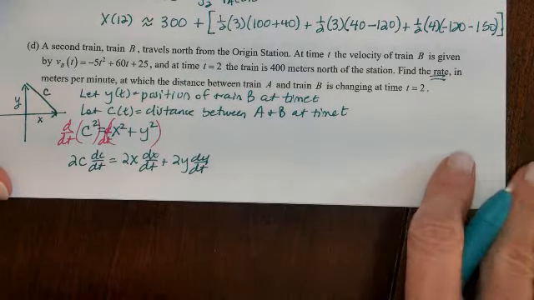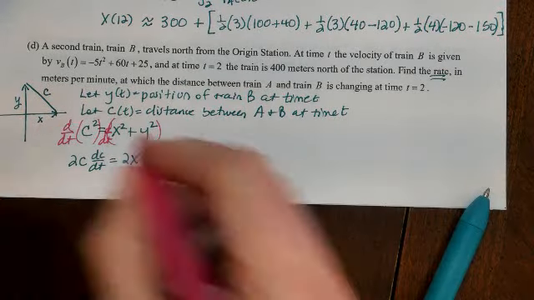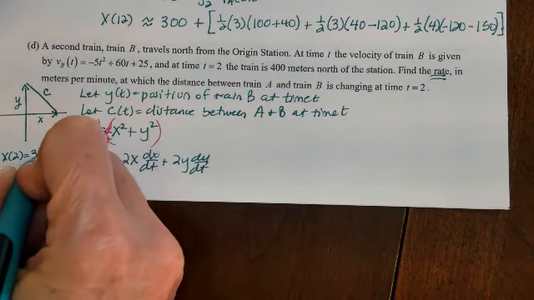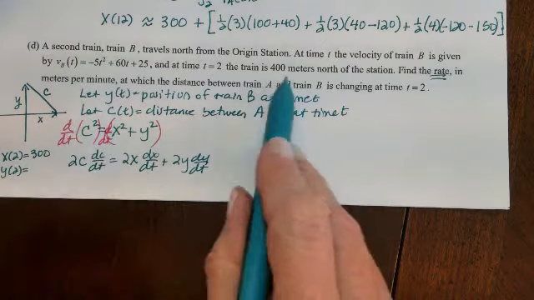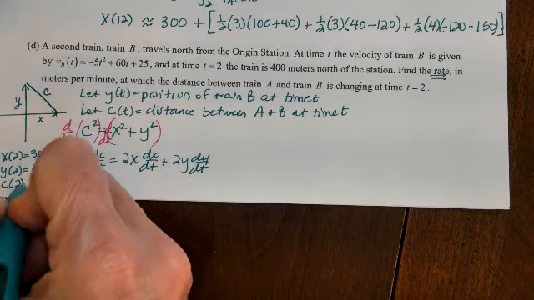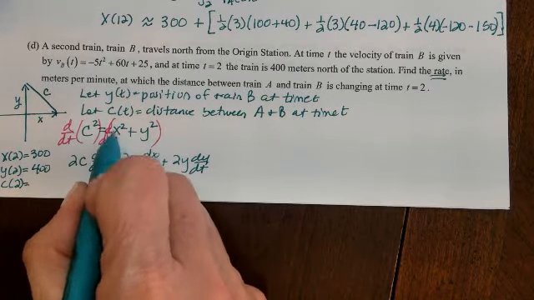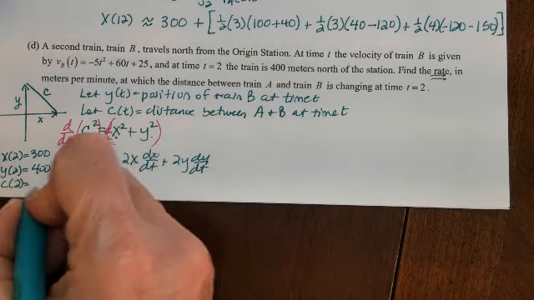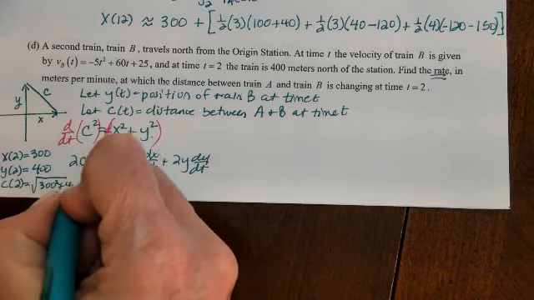So now I need to find some values. X at 2 is 300. Y at 2 is 400. So C at 2 has to be the square root of 300 squared plus 400 squared, right?